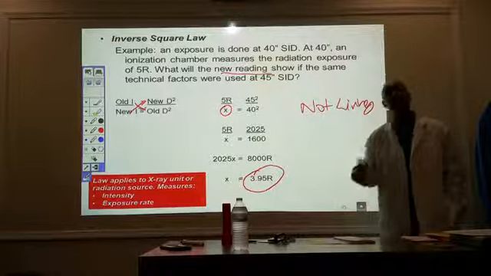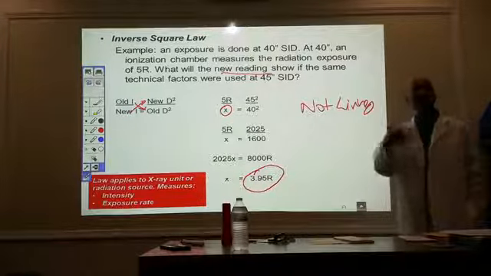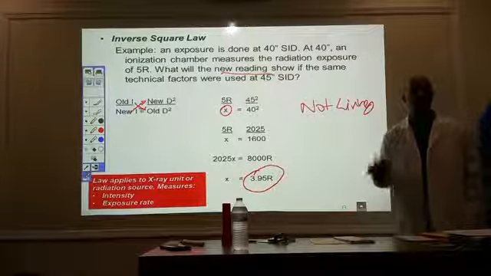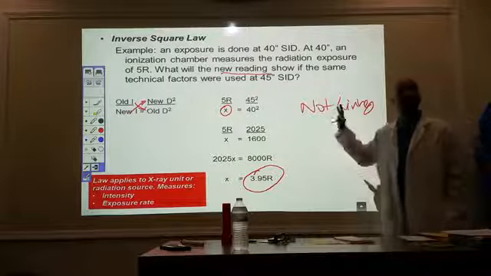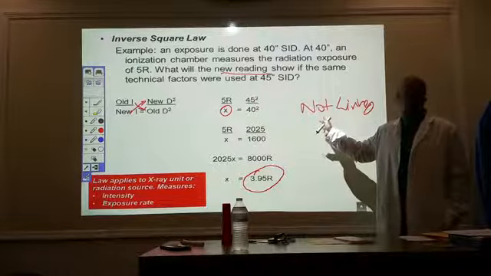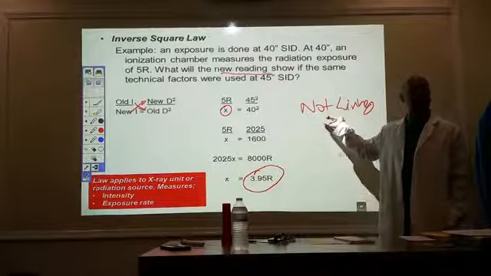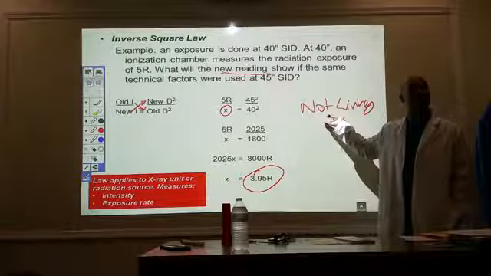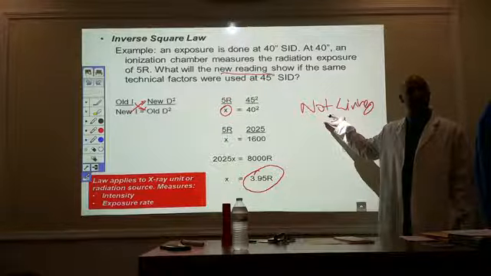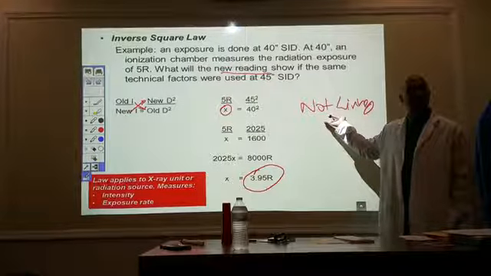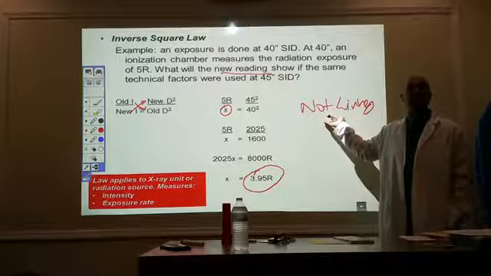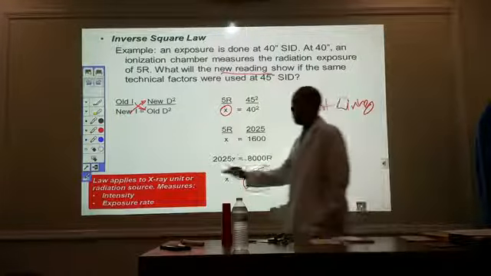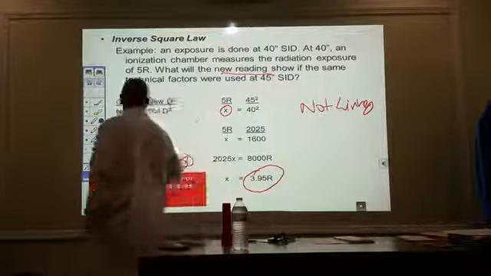All we're trying to determine is the amount of exposure that radiation material is emitting, whether it be the X-ray tube, whether it be a nuclear plant, whether it be a piece of fruit that got exposed to radioactivity. You understand what I'm saying? We're trying to determine the exposure that's coming from the radiation source. This is it right here, coming from the radiation source.